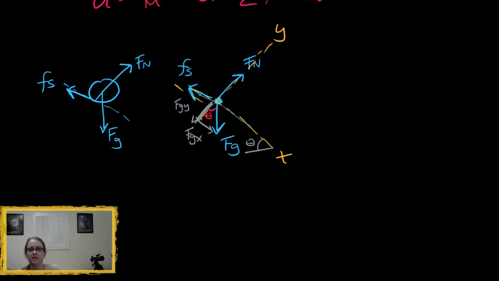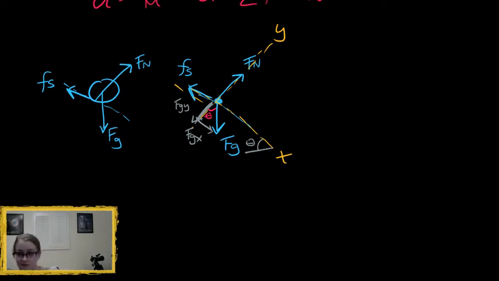Well, this is a statement that is almost always true for our objects going on a ramp. The angle the force of gravity makes with the y-axis is equal to the angle of the ramp. We can do some geometry, maybe another video on why that exists, but if you have trouble with that, draw out your angles, do some alternate interior angles, and geometry it out.